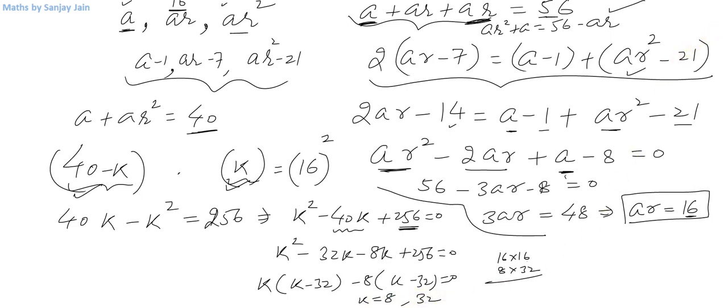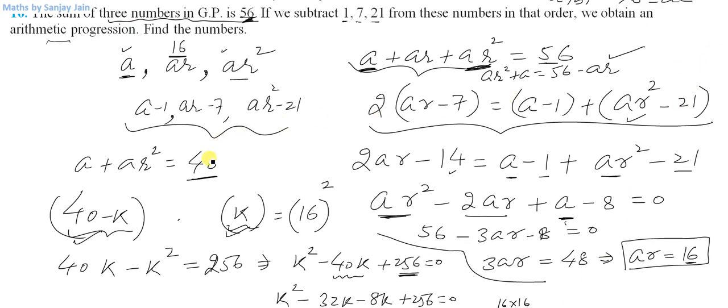Now let me check the numbers. If k is 8, then this number will become 32 and this is 8. And if k is 32, then this number will become 8. So in both the cases, k is either 8 or 32.